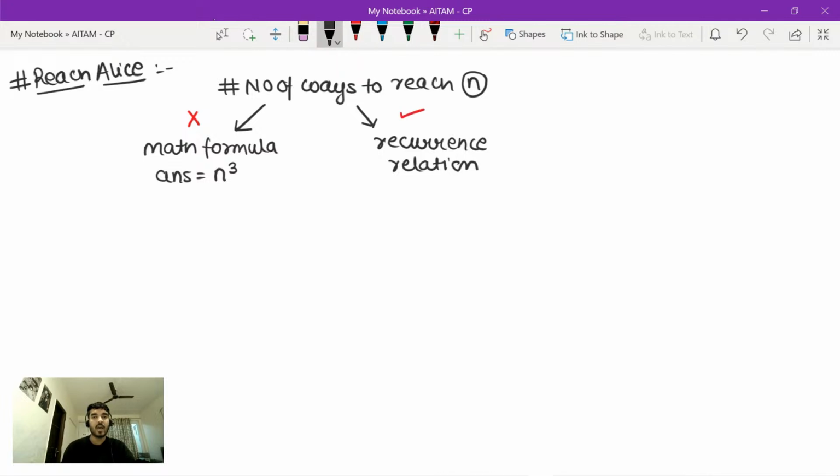So now we have n crocodiles. Without loss of generality, let's convert it into zero-based indexing. So index 0, then index 1, index 2, index 3, index 4, and up to n minus 1. Initially Bob is standing at index 0.